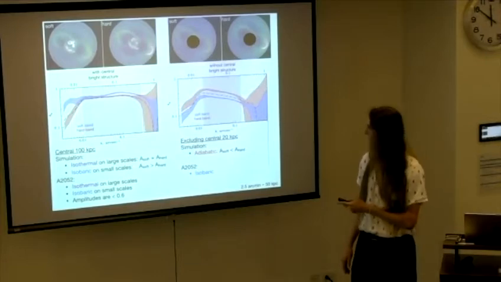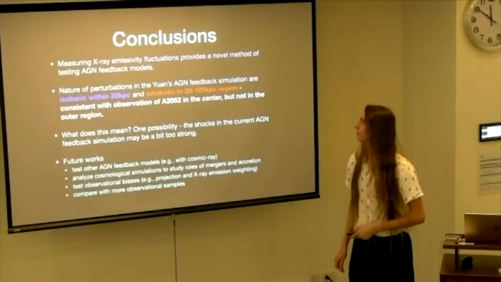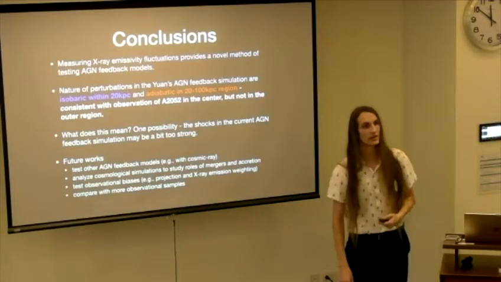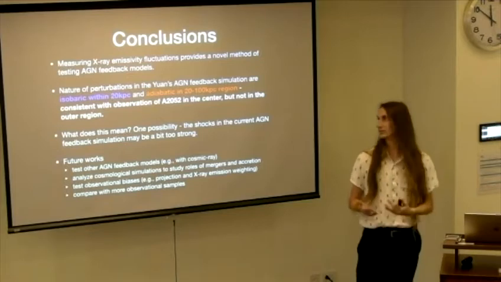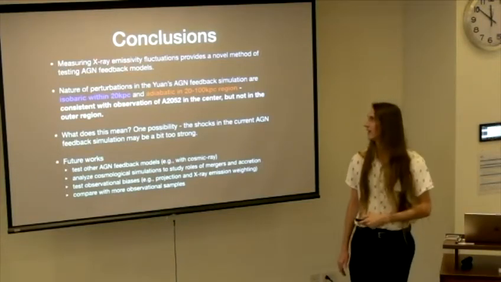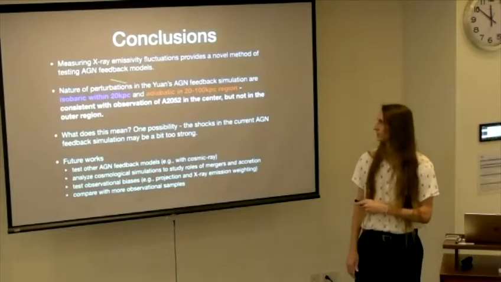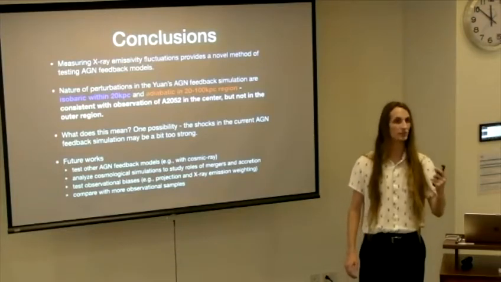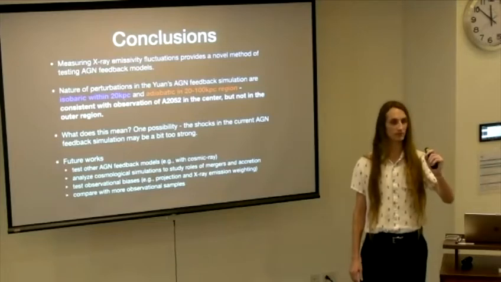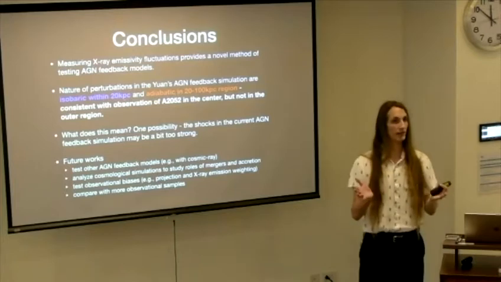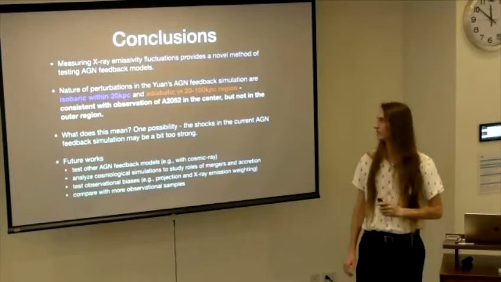Okay, so in conclusion, we have this way of measuring X-ray emissivity fluctuations, and this provides a great way to test these different AGN feedback models. And the nature of perturbations in the simulation are mainly isobaric within the central region of the core, and then more adiabatic in the outer surrounding regions.